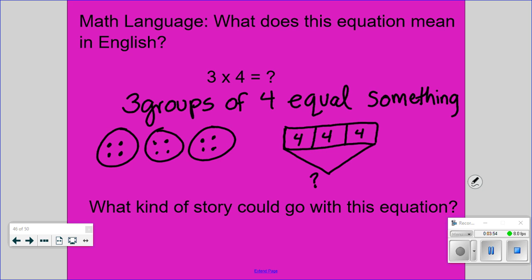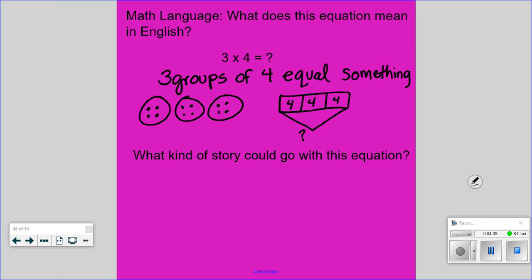Now this is where it gets a little tricky. What kind of story could go with this problem? What kind of story will go with that equation? Will, you ready? Is it like a story like Richard had 4 grapes? Sure. Richard had 3 groups of 4 grapes.